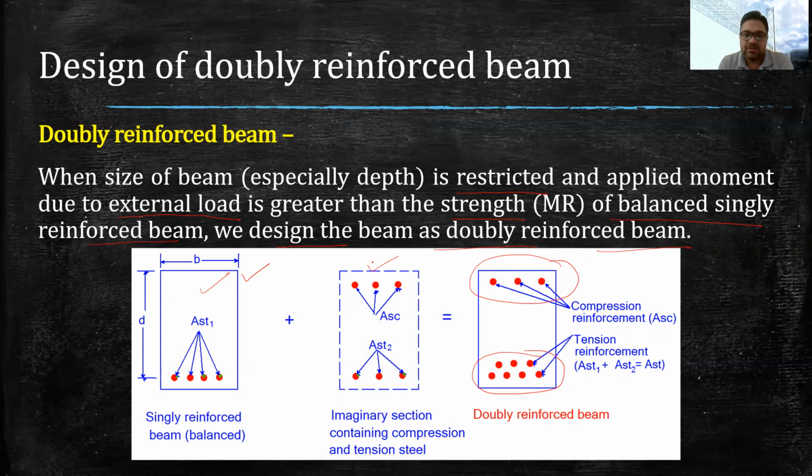We can assume an auxiliary or imaginary section comprising the compressive reinforcement, and to balance it we provide extra tension reinforcement. When we add this imaginary section to the singly reinforced one, we get the section which we call a doubly reinforced beam.